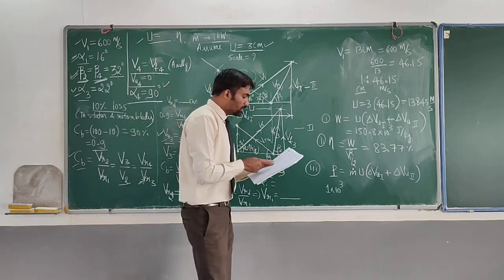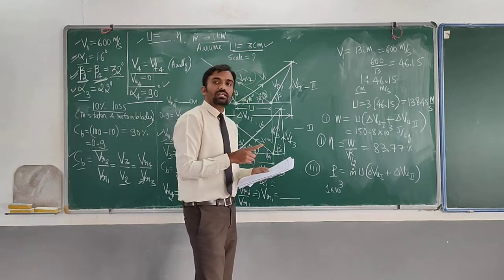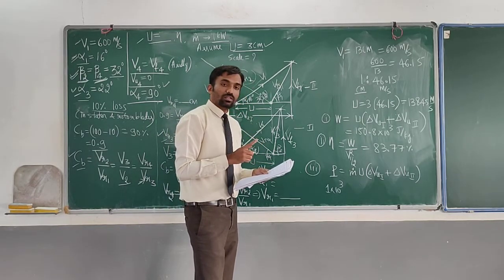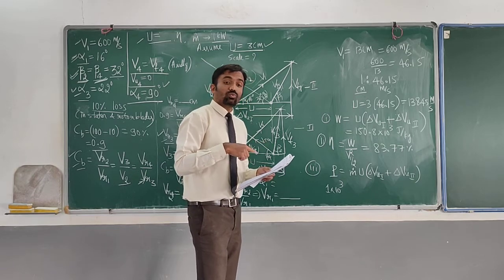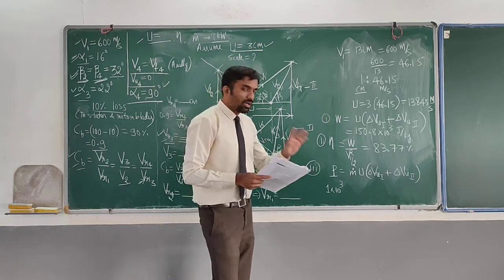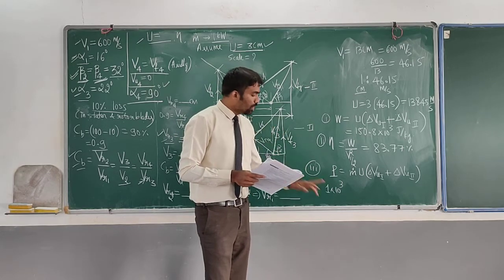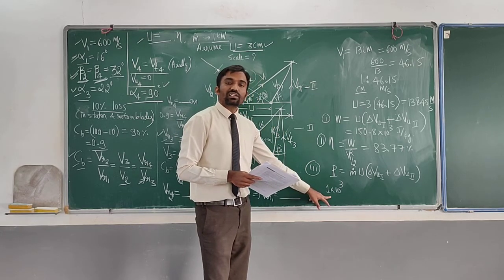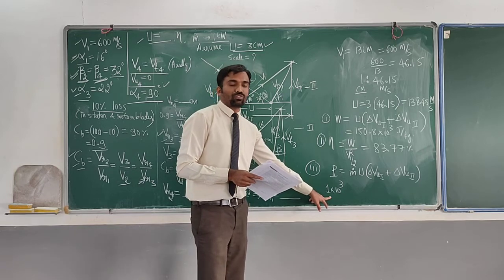Specific steam consumption has to be calculated for 1 kilowatt: how much steam is consumed when the power generated is 1 kilowatt? That is what we have to find out.